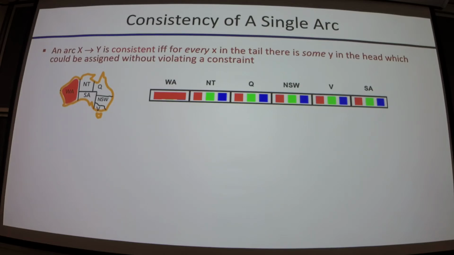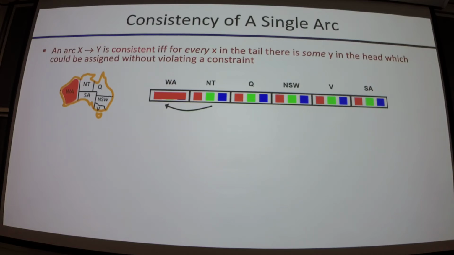It is a directed edge, and it exists between all of the states. An arc is called consistent if and only if, for every x in the tail, that's the source, there is some y in the head, that's the destination, which could be assigned without violating the constraint.